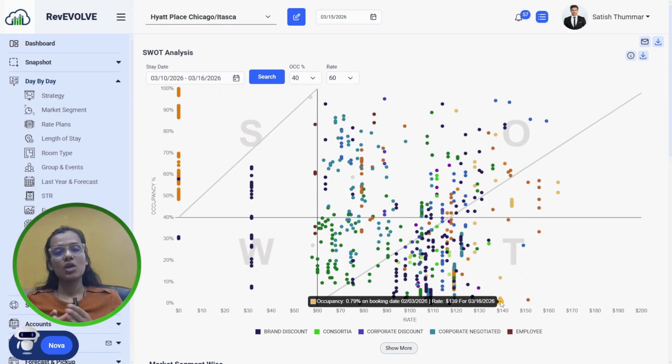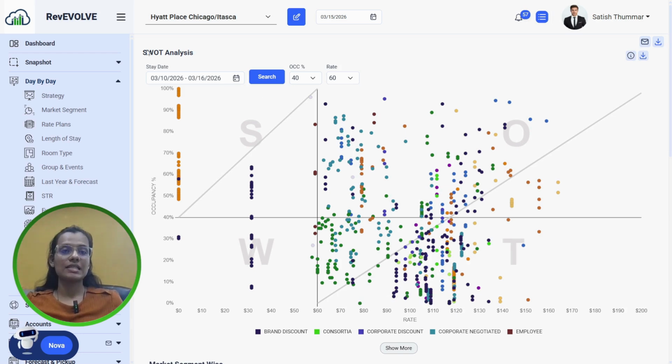So what this chart is doing is tracking occupancy progression with every booking moment, while simultaneously capturing the rate the booking happened at. This means we are no longer analyzing static daily numbers, we are analyzing the behavioral path of demand entering the hotel.